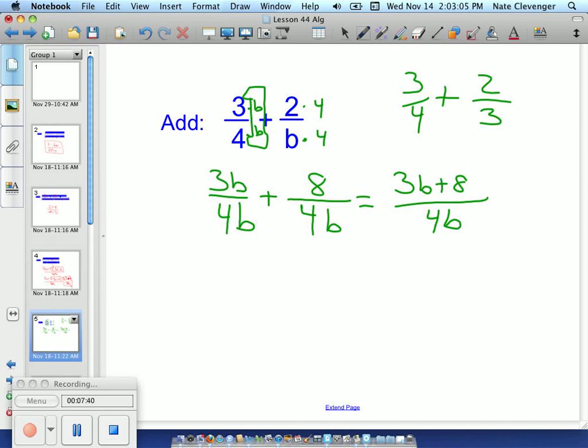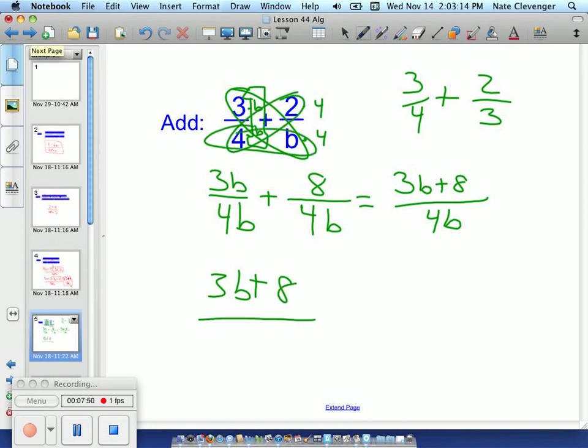That's where the Trojan swing comes in. From the left, you get 3b, plus swing from the right is 8, and multiply the denominators, 4b. Okay, good. So you can do it that way.